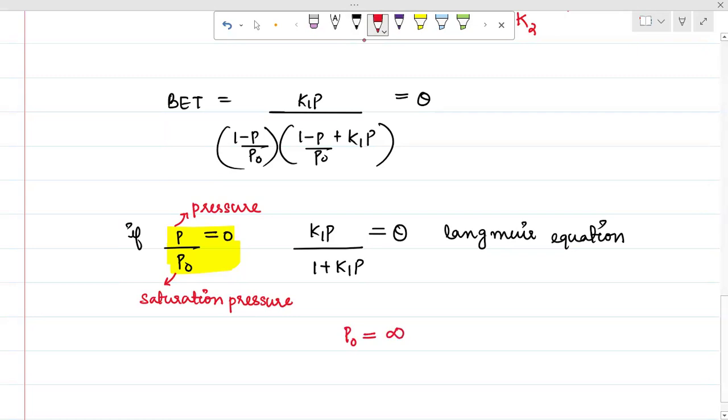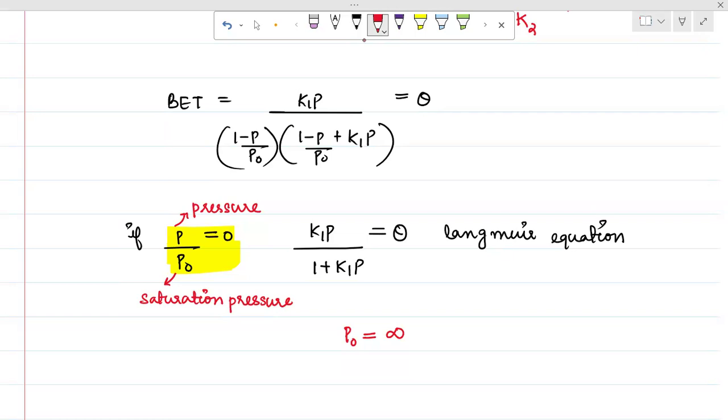Certain people write P naught down, certain people write P naught at the top. You can use whatever notation. So when P naught is infinity, your BET isotherm turns out to be a Langmuir equation.